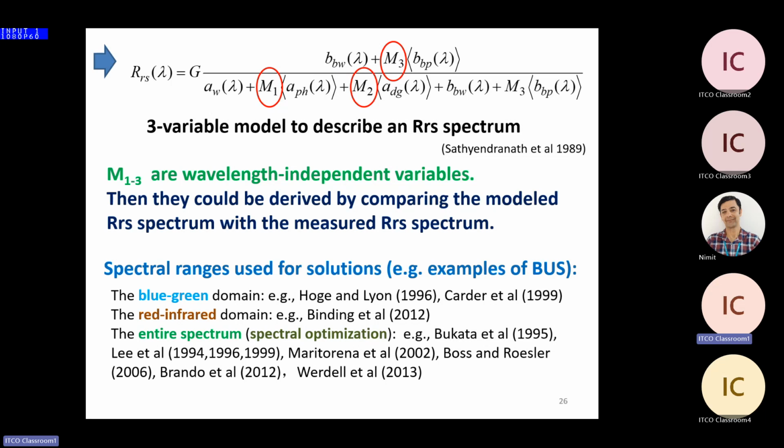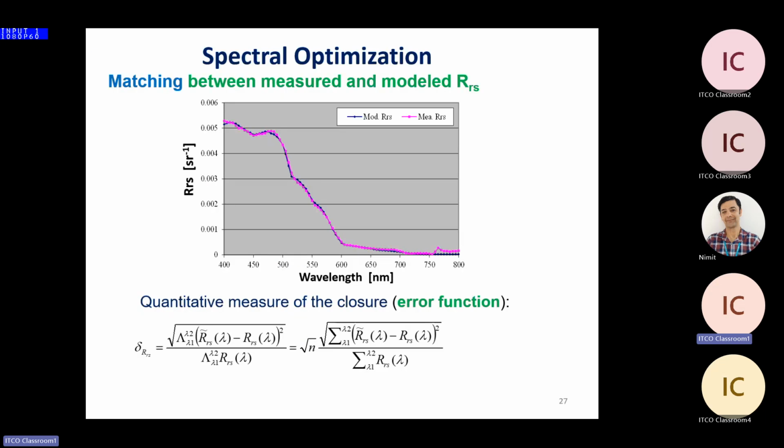That's a way to get the M1, M2, and M3 values. Here is an example using spectral optimization. Blue is the modeled Rrs and red is the measured Rrs. By varying M1, M2, M3, we can get a good agreement between the two spectra.